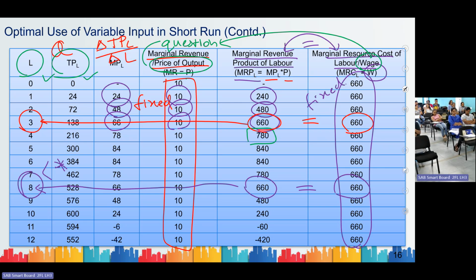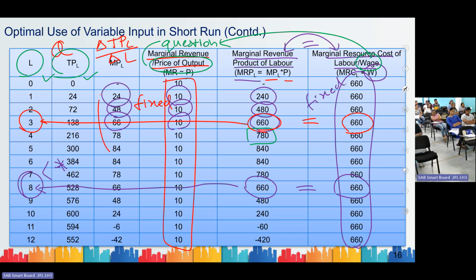We have to look at which labor level stage 2 will exist. Does this 3 units of labor belong to stage 2 of production? No. Why is it? 3 units of labor does not belong to stage 2 because over this range you can see MPL is increasing.